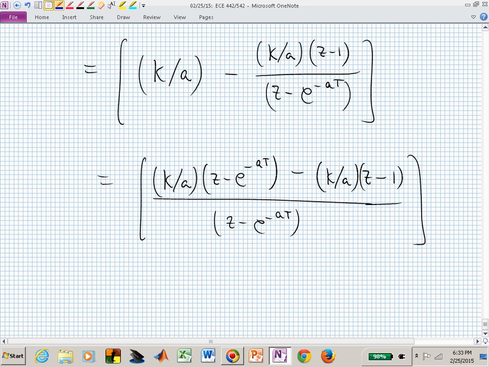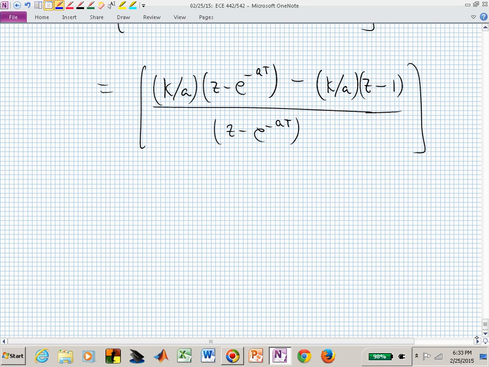The z terms cancel each other. We have k over a z minus k over a z. And then we have a minus 1 scaled by k over a.